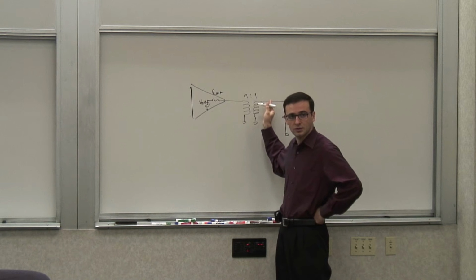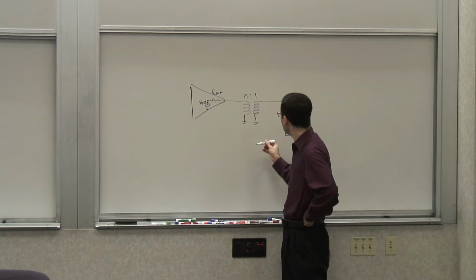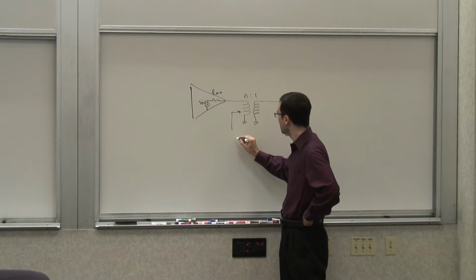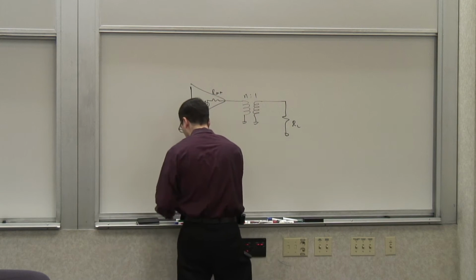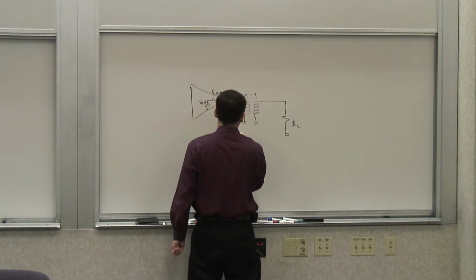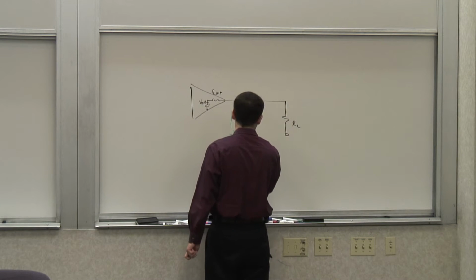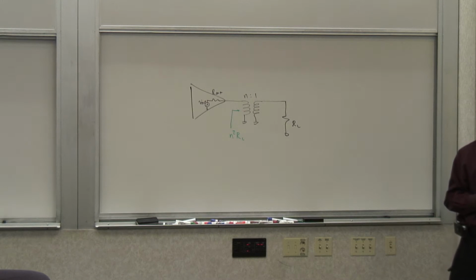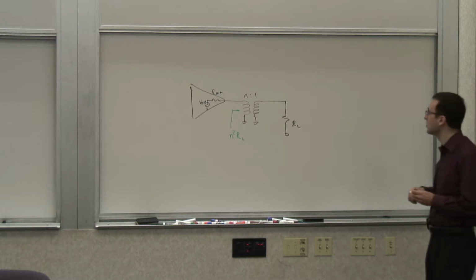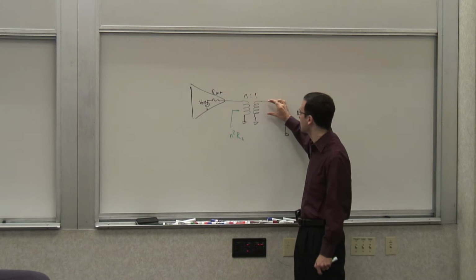But if you look at the impedance seen looking into here, this is going to be n squared RL. So if you have a large turns ratio, you can increase that, and then you don't lose as much voltage swing. Most of the voltage will drop across here, and hence will appear here.